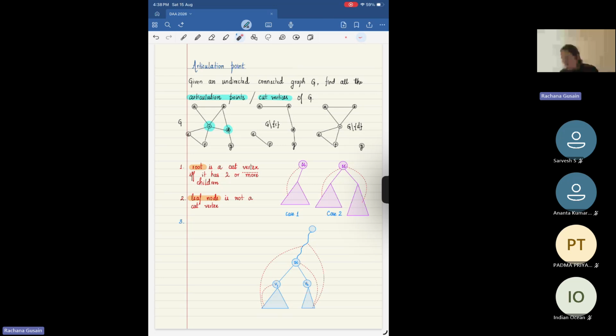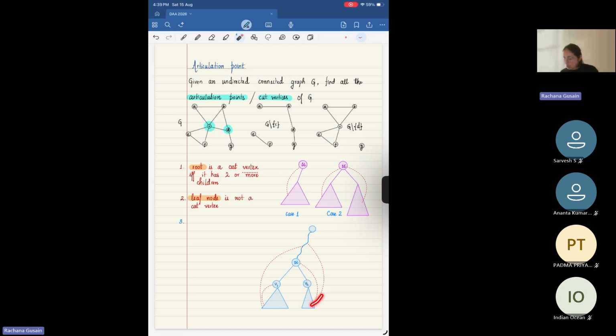You look at all the back edges which are coming from that subtree, and what you observe is that there is at least one back edge which is going to an ancestor of U. Similarly, you look at the second child and the subtree associated with that child. See all the back edges coming from that subtree, including vertex V2 as well.